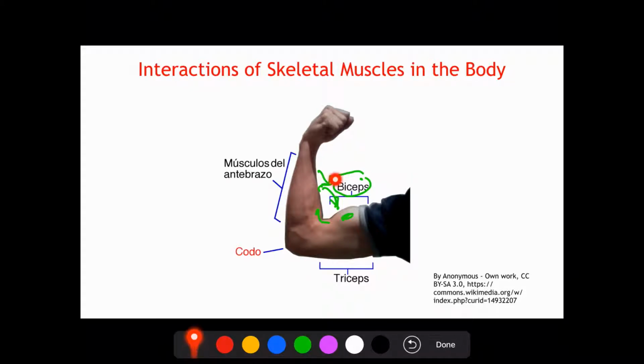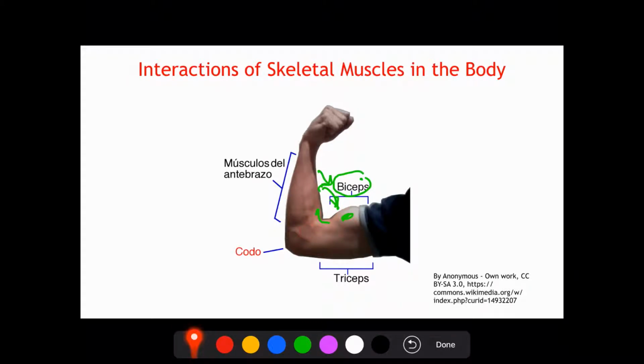The prime movement of the biceps is to cause this flexion. But if the biceps relaxed, the forearm will stay the same. It won't be pushed. It won't go back into extension. Why? Again, because the muscles are only pulling.